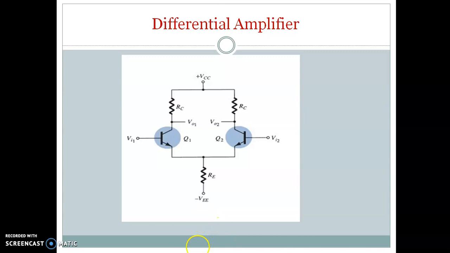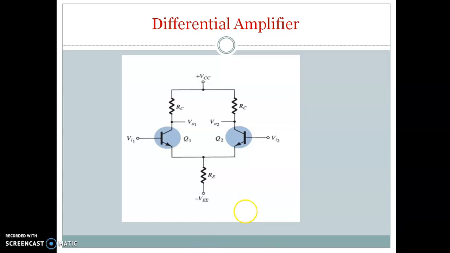So here, even if I make my base voltage 0, the emitter terminal is connected to minus VEE, the negative supply. Base, if you take it as ground, is 0. So still the transistor is biased in the active region. So your Q1 and Q2 transistors are biased in the active region.